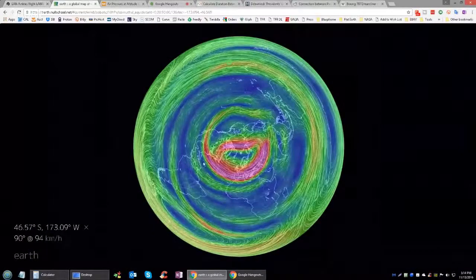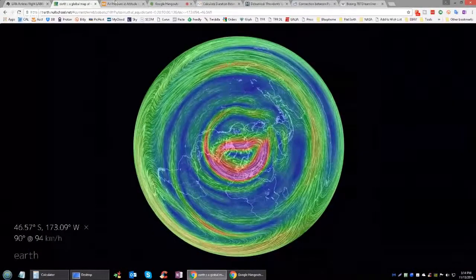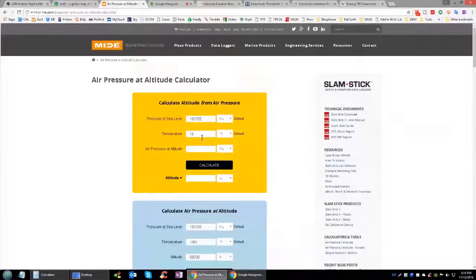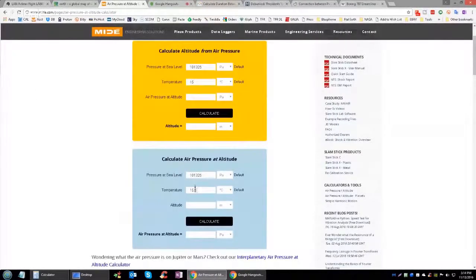And one thing I wasn't doing was changing the temperature. So when you get to this page, it's stuck at 15 degrees Celsius, and they call it a default.